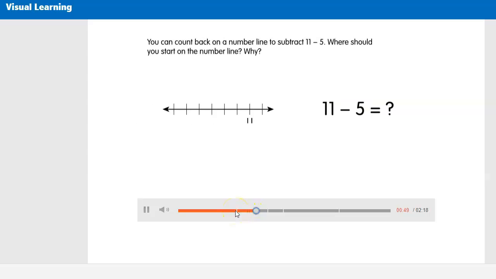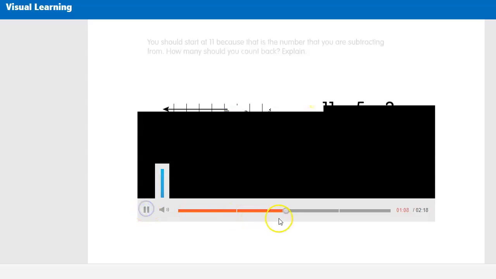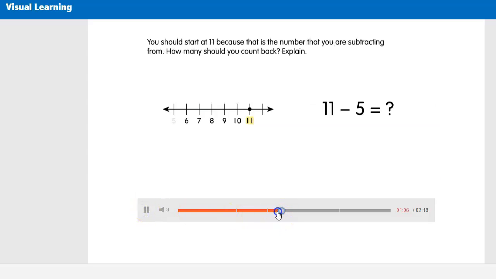You can count back on a number line to subtract 11 minus 5. Where should you start on the number line? Why? You should start at 11 because that is the number that you are subtracting from. How many should you count back?